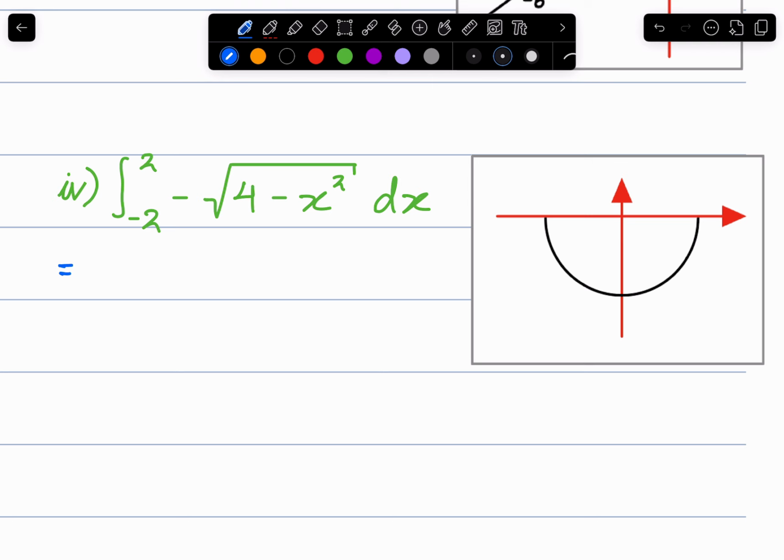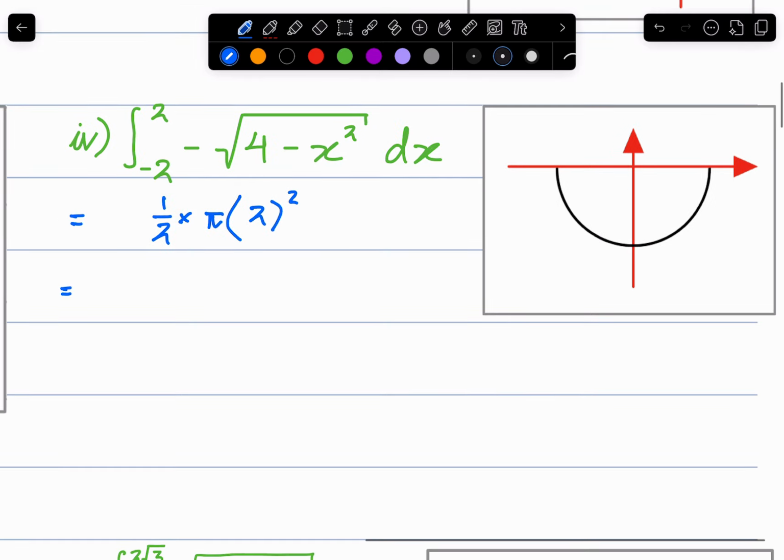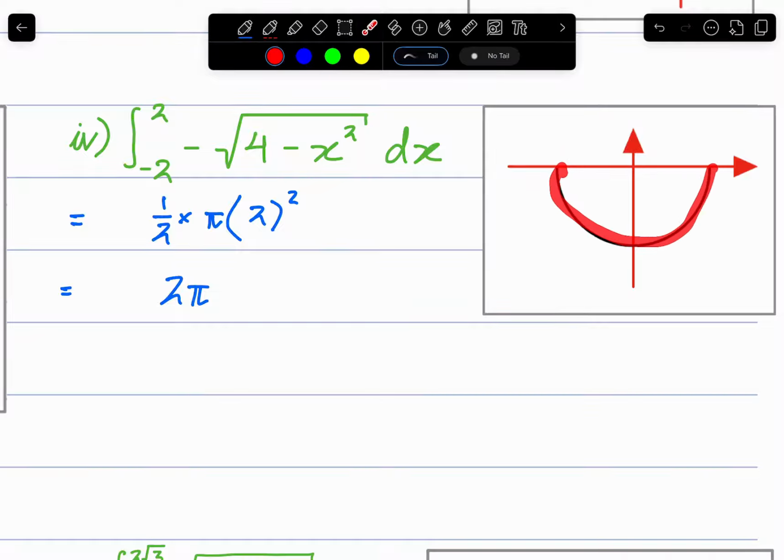So in this case, it's going to be half of a circle, times pi r squared, times pi times the radius of this. I hope you can see it's the square root of 4, so square root of 2 squared. This will give us 4 on 2, so 2 pi units. But because this graph is below the x-axis, we should have had a negative all throughout.